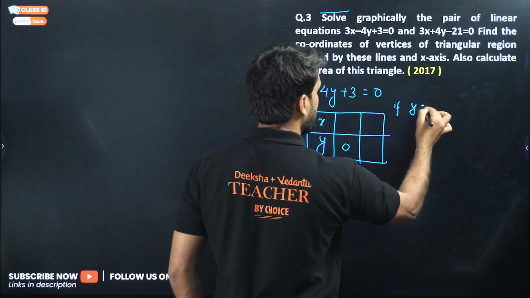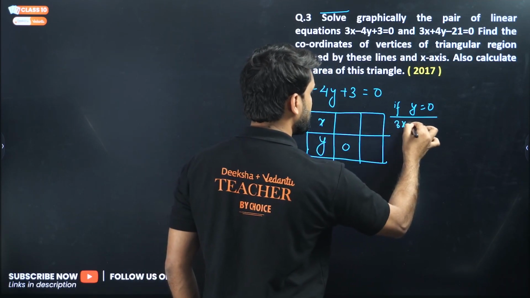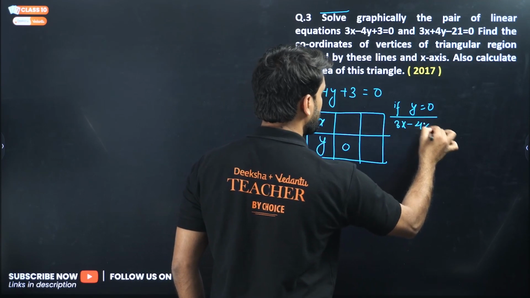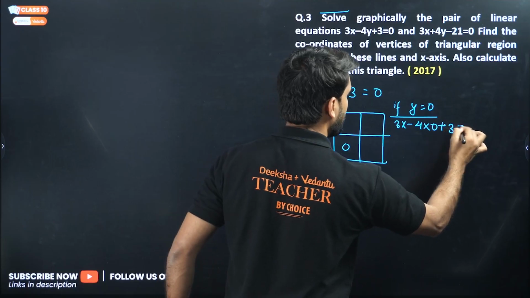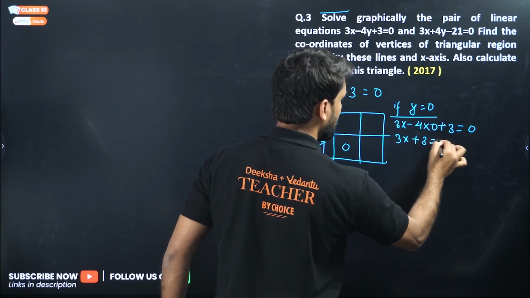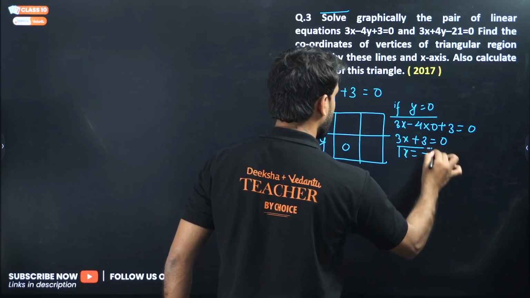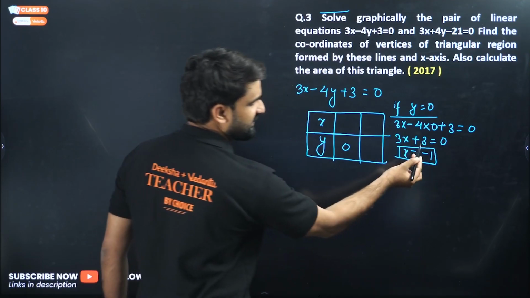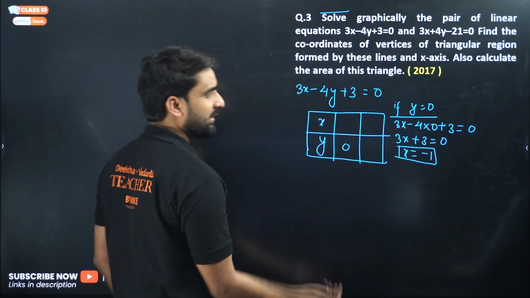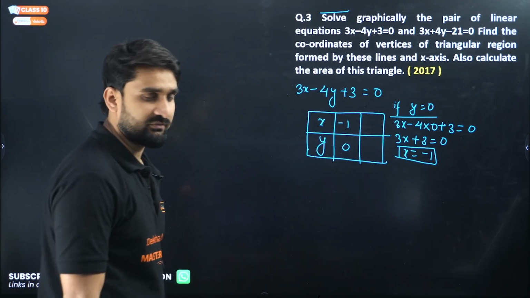If y equals 0, what will be the x here? 3x minus 4 into 0 plus 3 equals 0. So 3x plus 3 equals 0. So x will be minus 1. I hope you have understood it. On shifting this 3, it becomes negative, and minus 3 by 3 will be minus 1. I hope this is clear to you everyone.